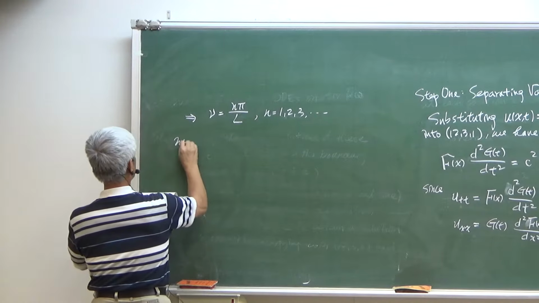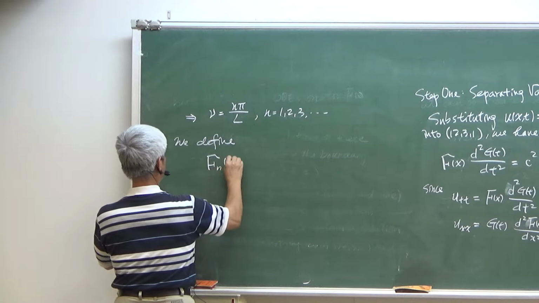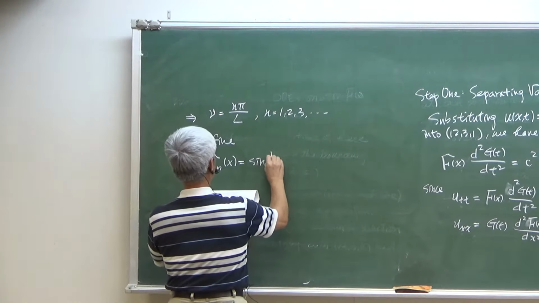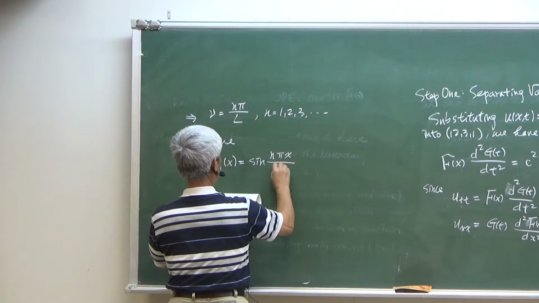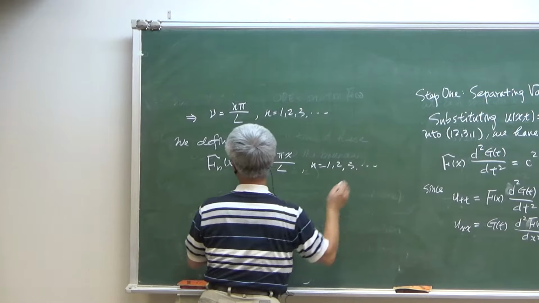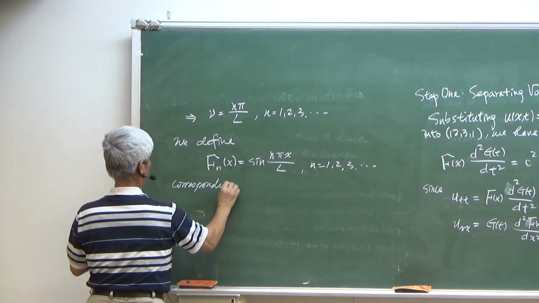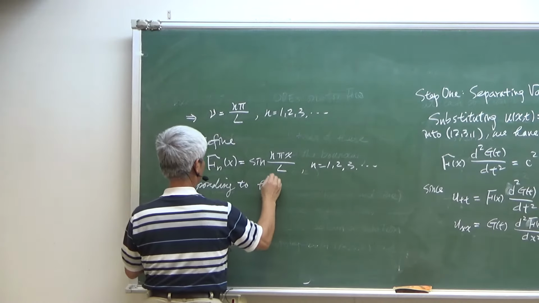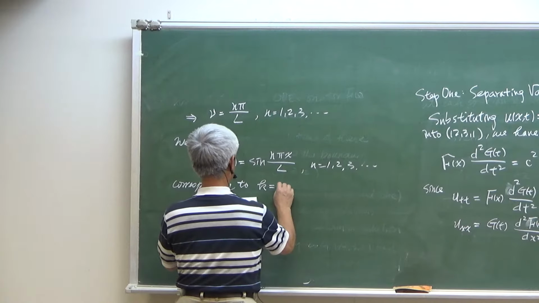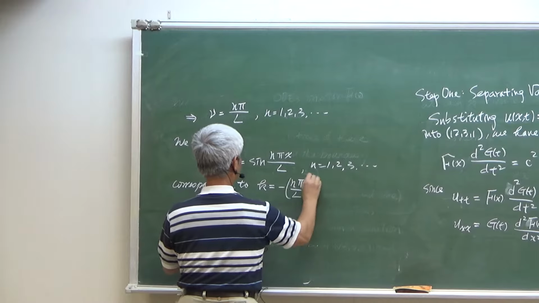So we define f sub n of x equal to sine of n pi x divided by L, corresponding to k equal to minus n pi divided by L squared.